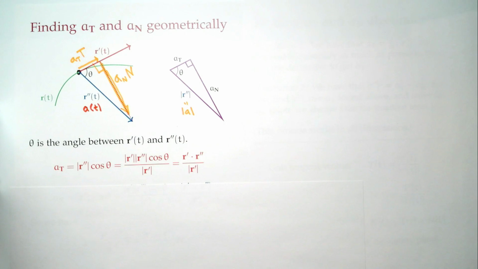So it's projecting acceleration onto velocity. And if you go back to the formula for projection, it involves a dot product. So we shouldn't be surprised to see a dot product when we have this situation here. All right. So that's a sub t. Well, let's think about a sub n.